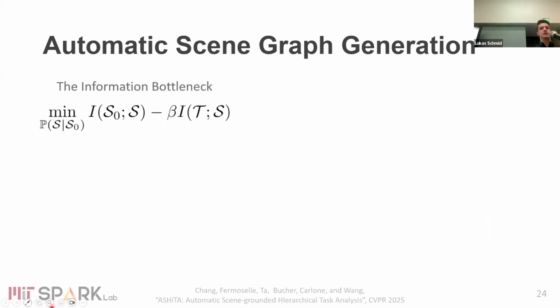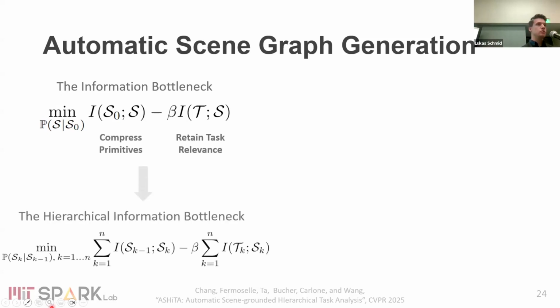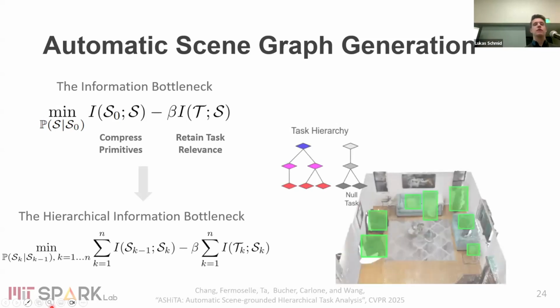And we can actually address this in two phases. First, through the automatic scene graph generation, where we again start from the information bottleneck, slightly different notation, but it's the same idea of we want to compress the primitives and retain task relevance. And actually, Yoon showed in his paper that this generalizes to a hierarchical formulation, where we start from the primitives, we are given this hierarchical task decomposition, and we can formulate again from these CLIP similarities the task relevance of the primitives.